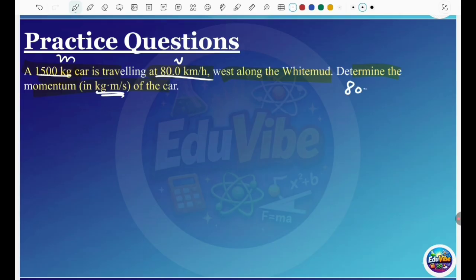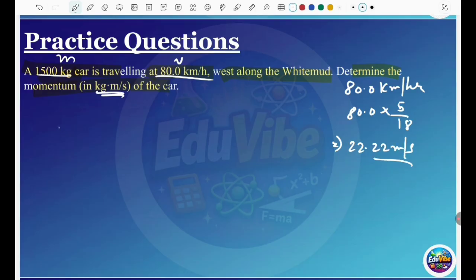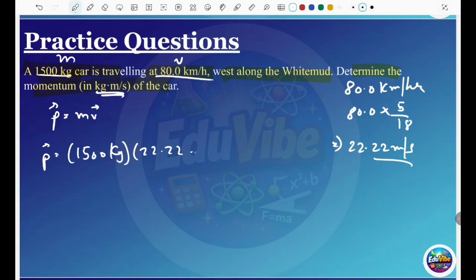For 80.0 kilometers per hour, to convert this we multiply 80 by 1000 divided by 3600. When you combine this, you get 22.22 meters per second. Now you can use this: 1500 kgs times 22.22 meters per second.